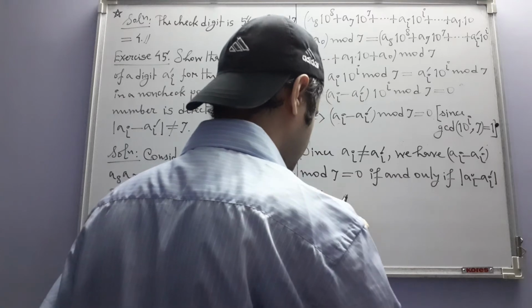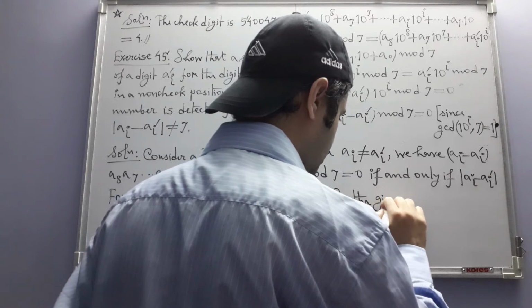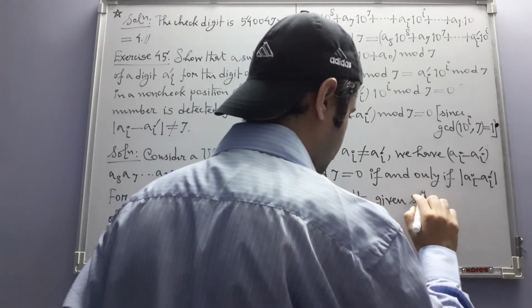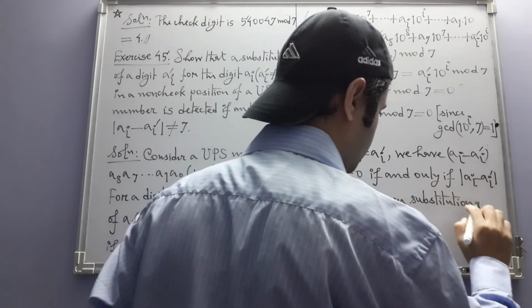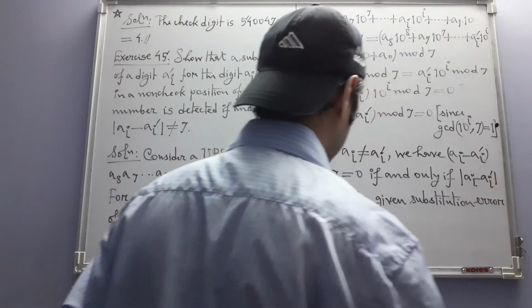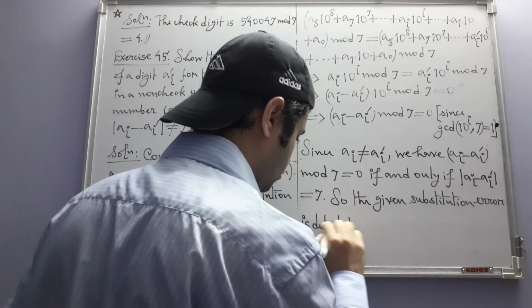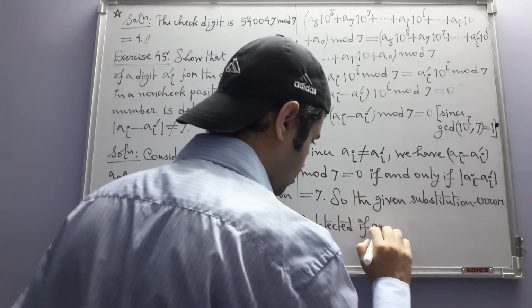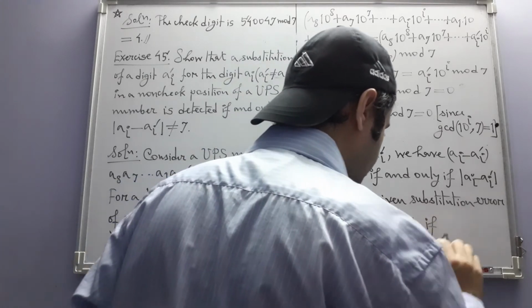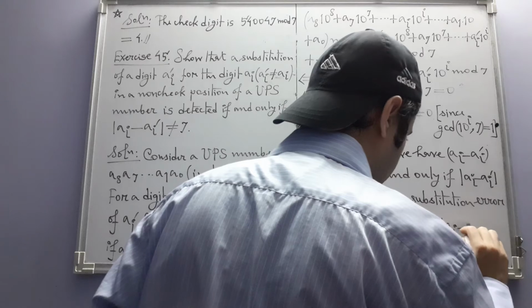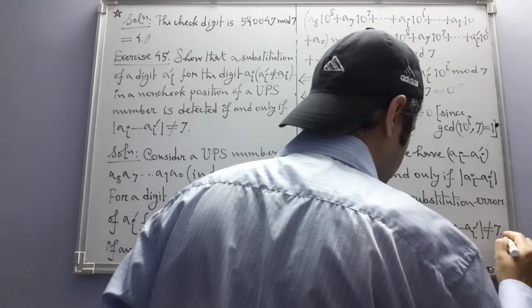So the given substitution error is detected if and only if this is not equal to 7.